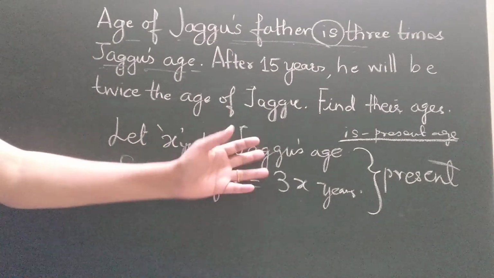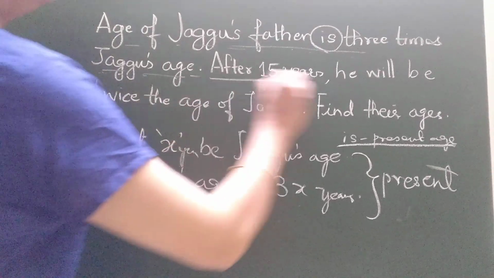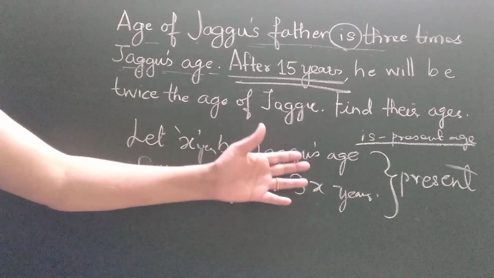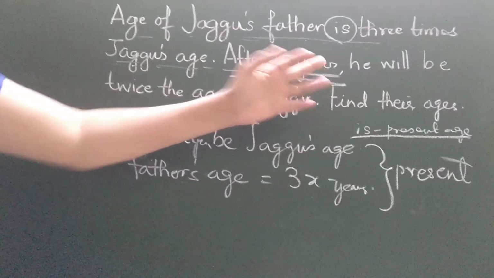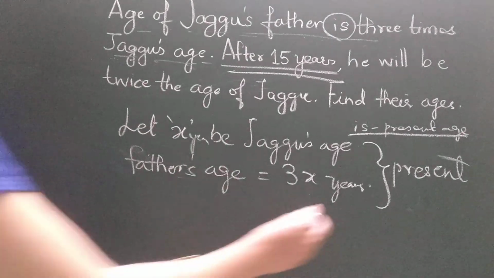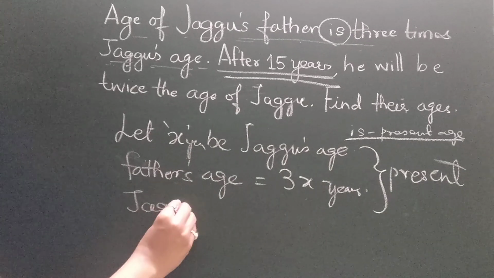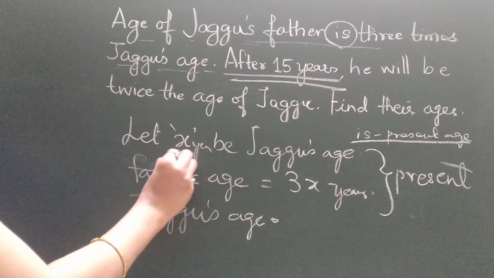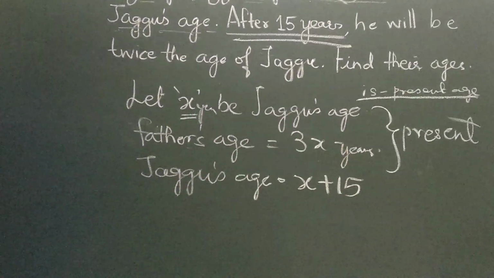And the relation is given in this first sentence itself. Now, after 15 years. The present ages are x and 3x. But after 15 years, what will be their ages? Jaggu's age will be, now it is x, so after 15 years, it will be x plus 15.